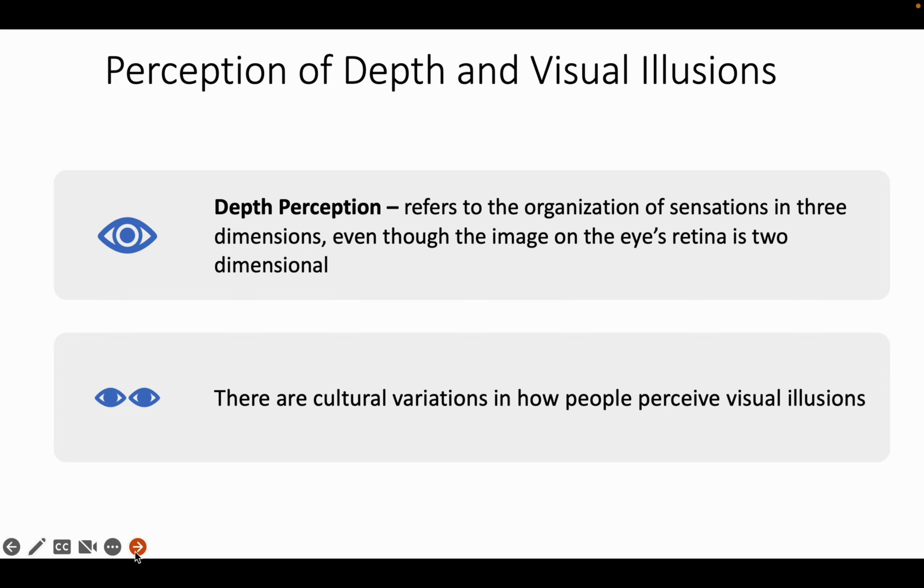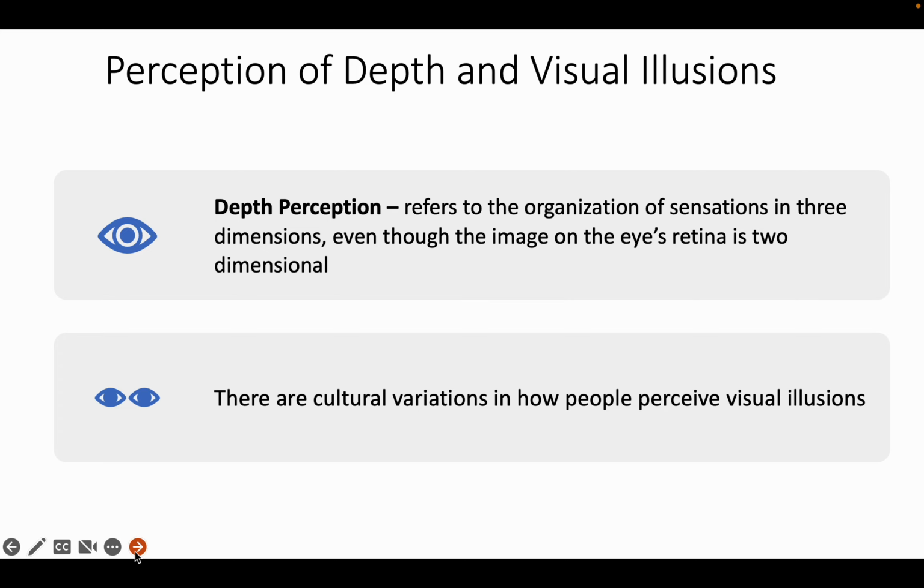Along with depth perception, there are cultural variations in how we perceive visual illusions, these 2-dimensional pictures that look 3-dimensional to us. The differences in visual perception may also be influenced by the different experiences of the members of these groups.